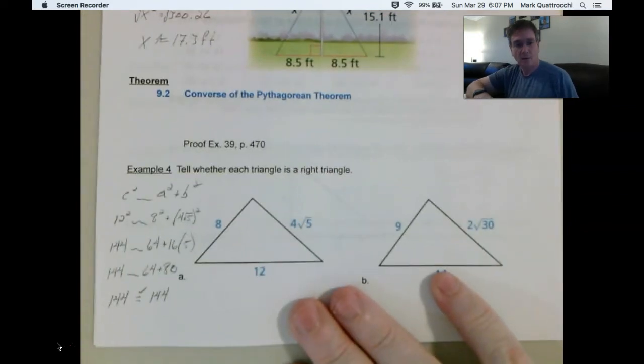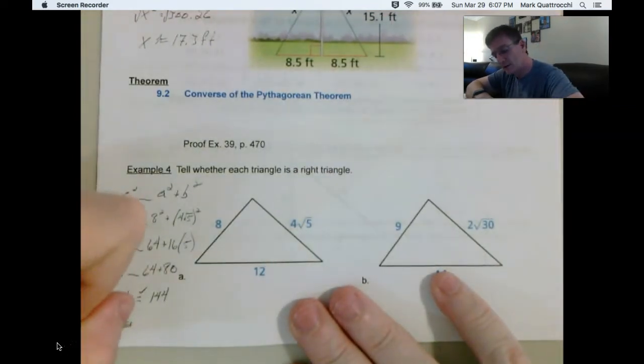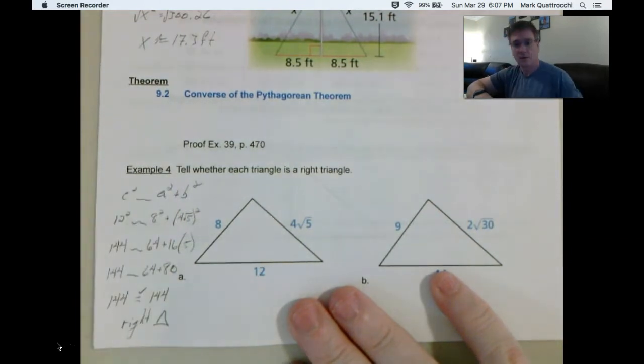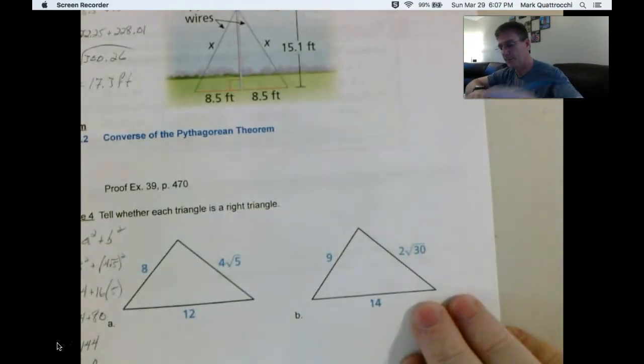Since they are equal, then we know this is a right triangle.